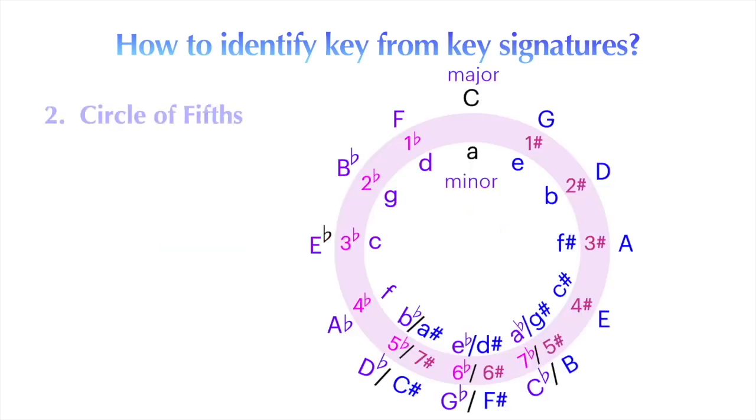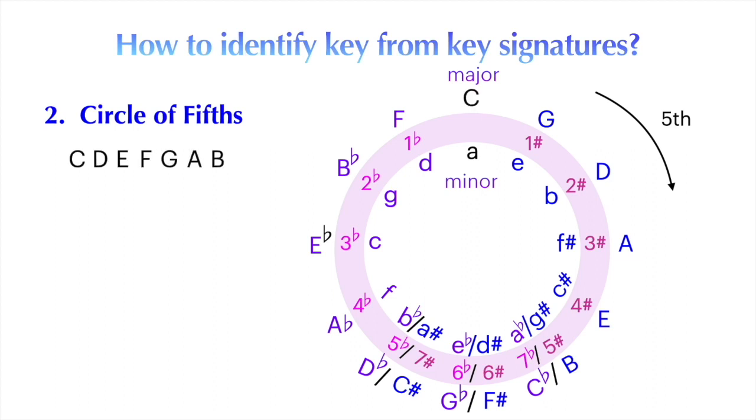You may have heard of circle of fifths before. This is very systematic to understand the relationship between key signatures and the corresponding keys. If there is no sharps or flats, it is C major. And then, for sharp keys, we go up a perfect fifth. If there is 1 sharp, we go up a fifth from C, 1, 2, 3, 4, 5, and get G major.